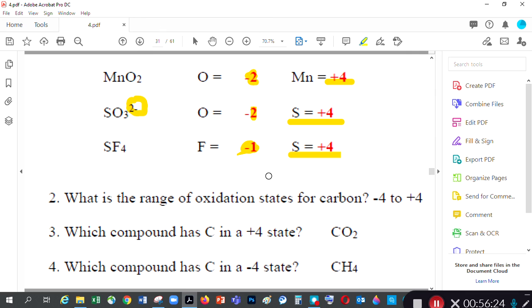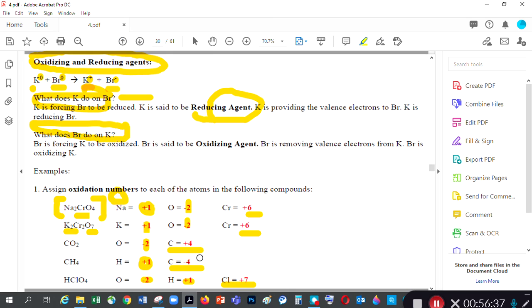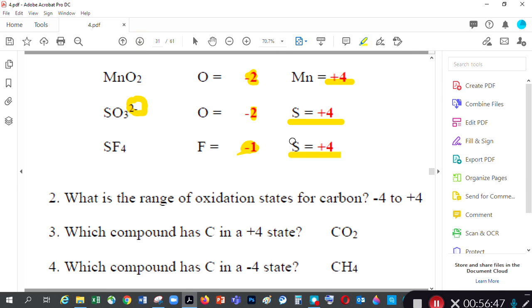So now you ask yourself, what is the range of the oxidation states of carbon? We saw carbon here, +4, correct, in CO2, and we saw the oxidation number of carbon is -4, so +4 to -4.